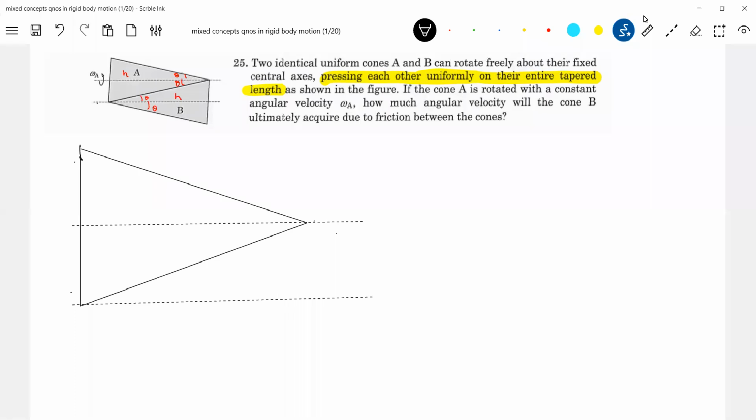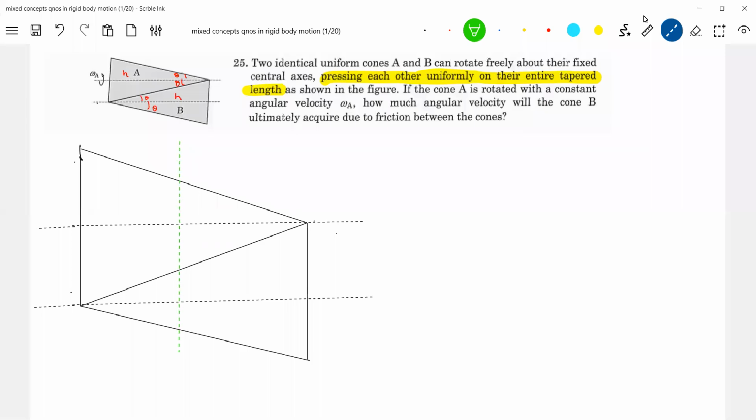Another cone, the same diagram. These are the cones, so we'll extend it. This is the axis. They will press each other, so let me consider here. Now we'll proceed.